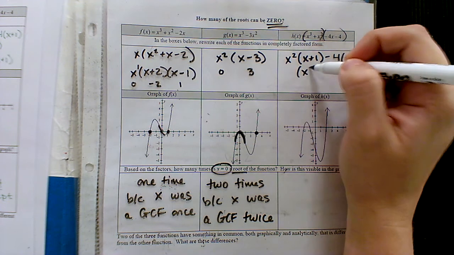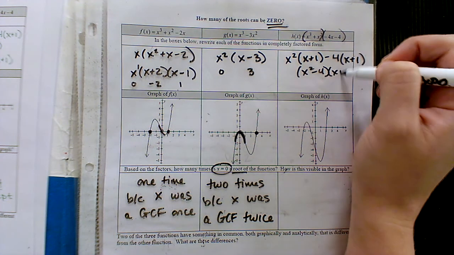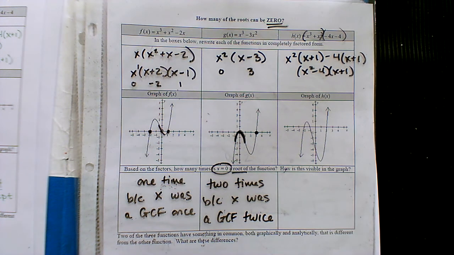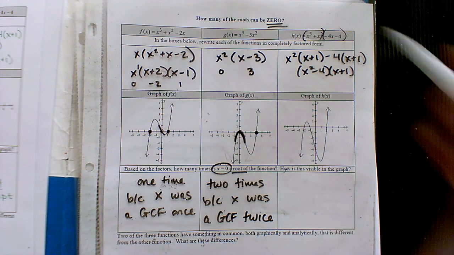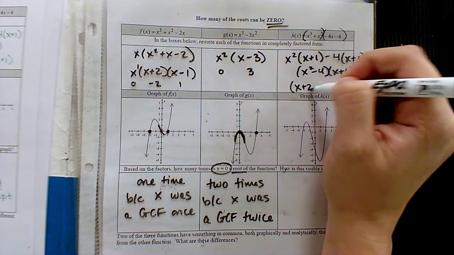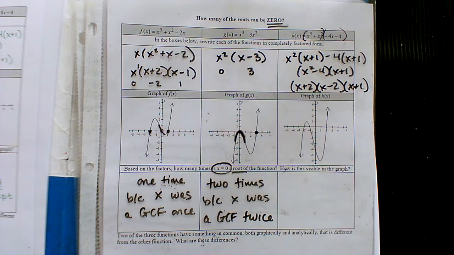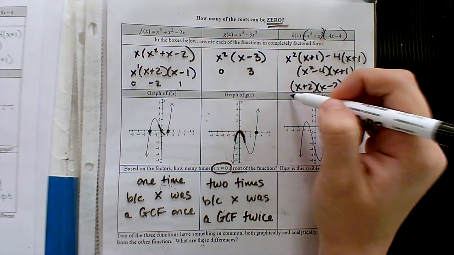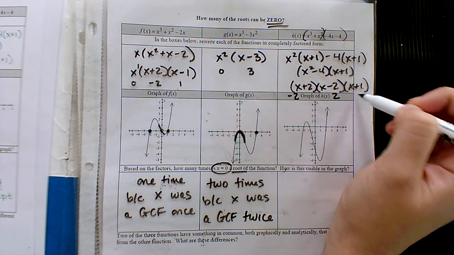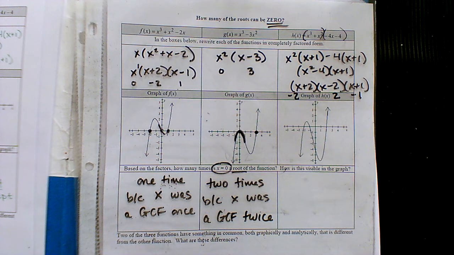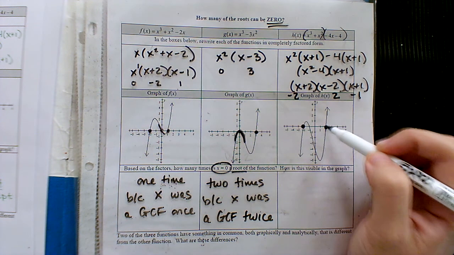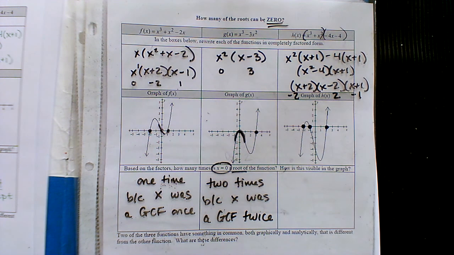All right, so grouping: x squared minus 4, x plus 1. Can we keep going? Yeah. Difference of squares, we'll have x plus 2, x minus 2, and then an x plus 1. So x-intercepts: negative 2, positive 2, negative 1. Graphically, they check out.